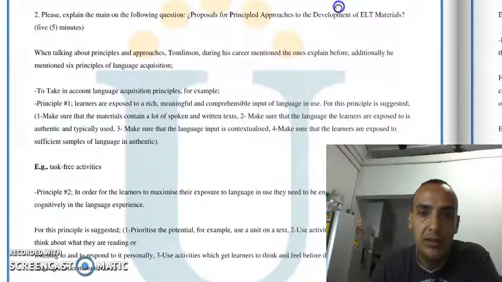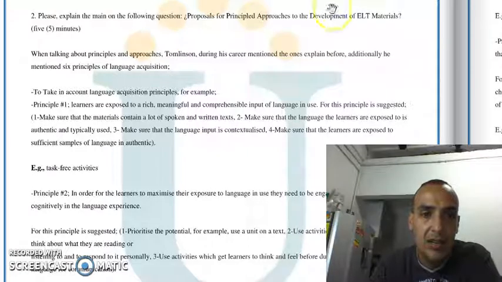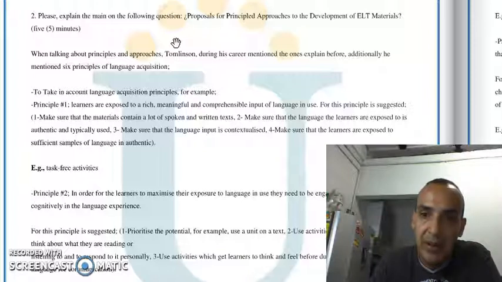Now the activity says like this. Point number 2, explain the main answer to the following question: proposals for principal approaches to the development of ELT materials.